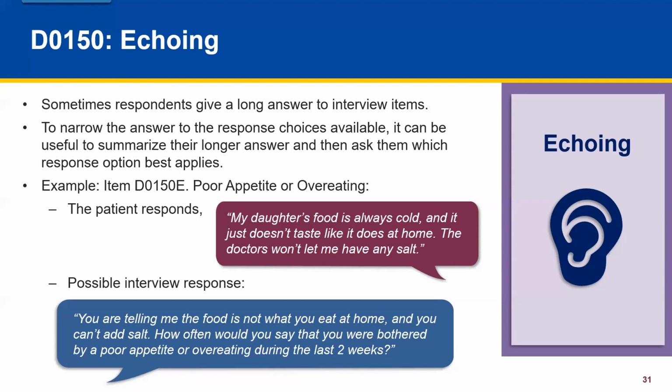For item D0150E, poor appetite or overeating, the patient responds, "My daughter's food is always cold and it just doesn't taste like it does at home. The doctors won't let me have any salt." The possible interview response would be, "You're telling me that the food is not what you eat at home and you cannot add salt. How often would you say that you were bothered by a poor appetite or overeating in the last 2 weeks?"